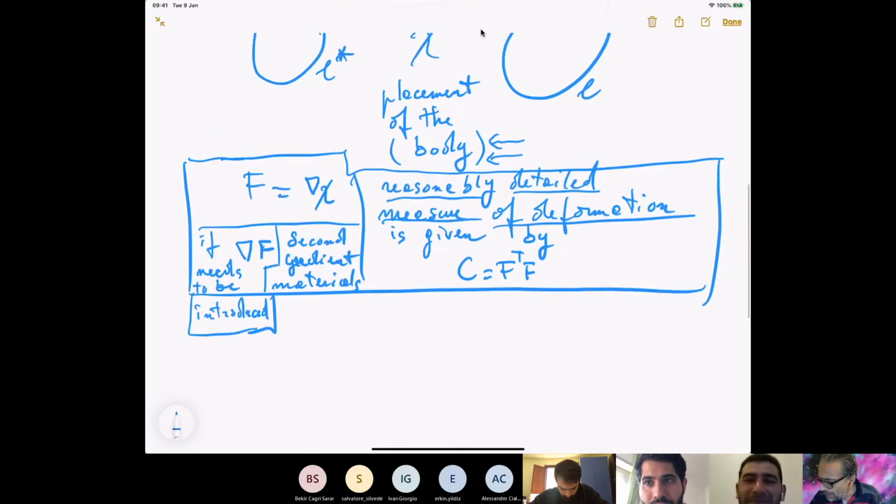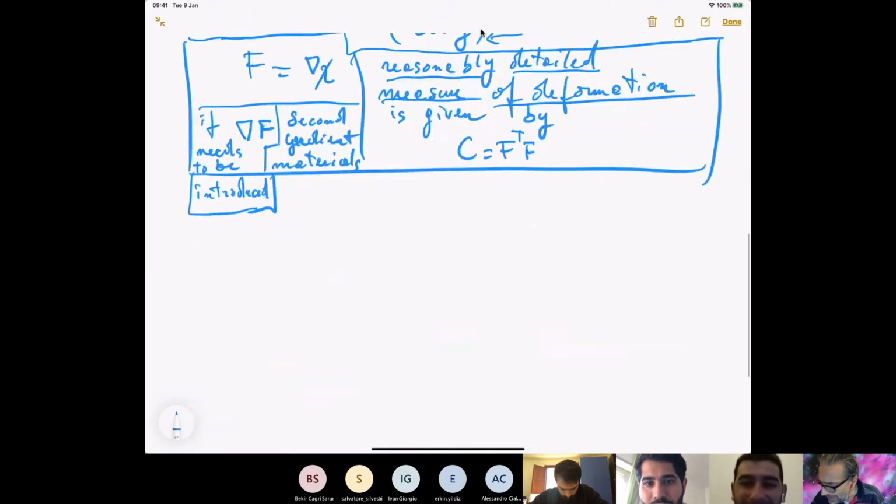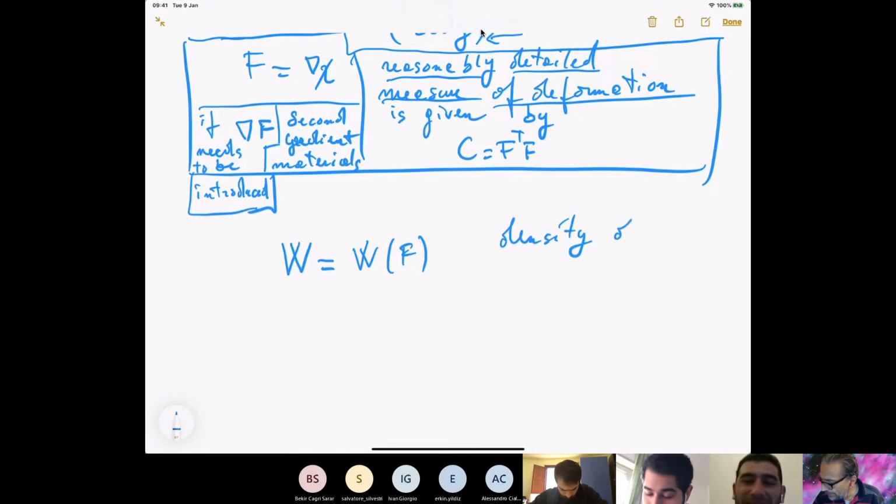Okay. Now we have introduced, if you remember, the density of deformation energy.